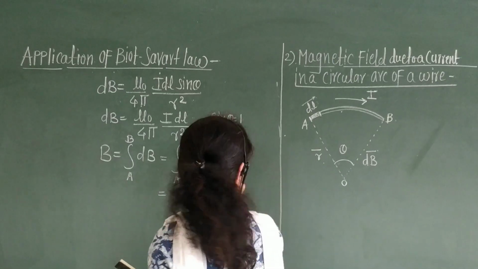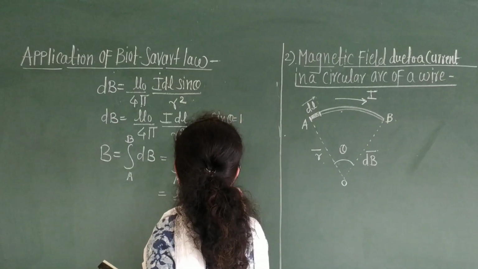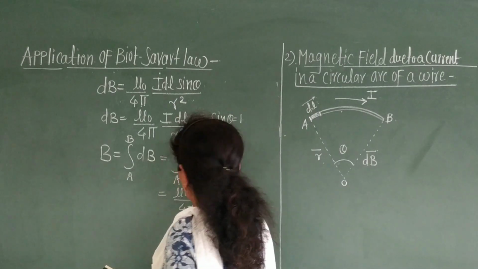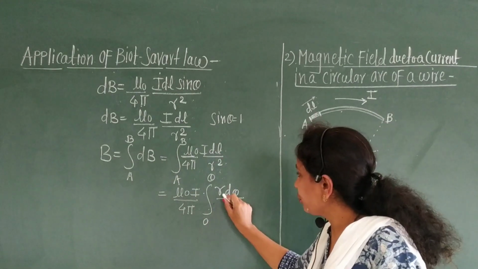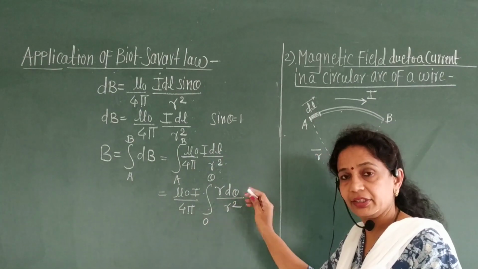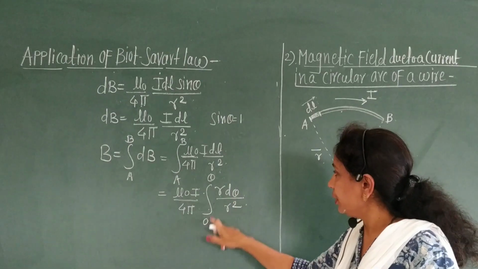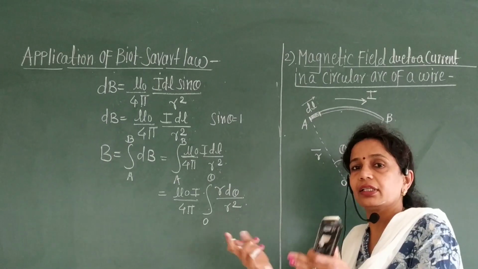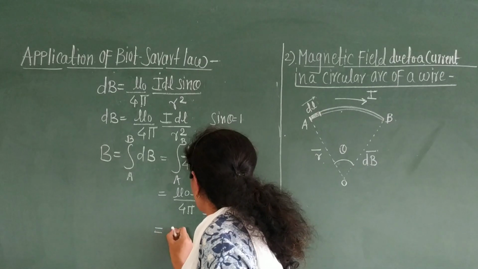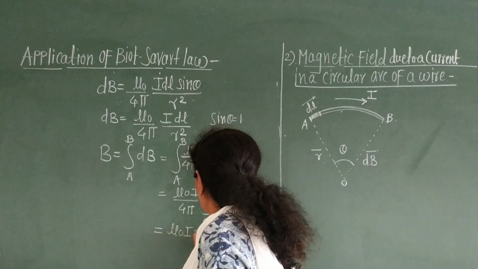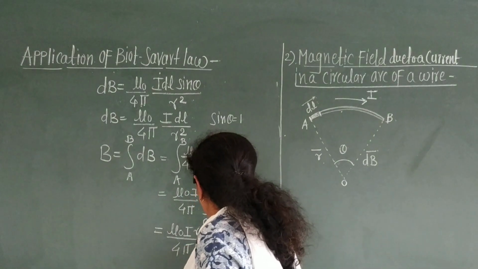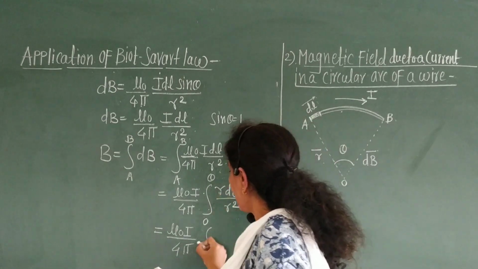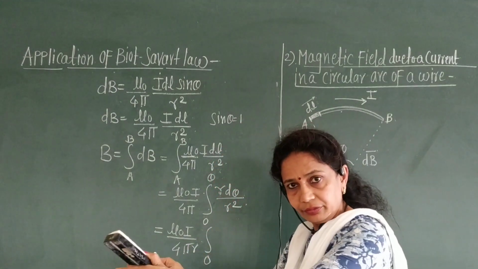Integration of dl, put the value of dl here, r d theta upon r square, from the limits 0 to theta. We put the value of dl as r d theta, and theta can change, therefore limits from theta is 0 to theta. Therefore it becomes mu 0 I r upon 4 pi, integration of 0 to theta, now r upon r square, sorry, r upon r square is how much? r. Therefore r, take it outside.